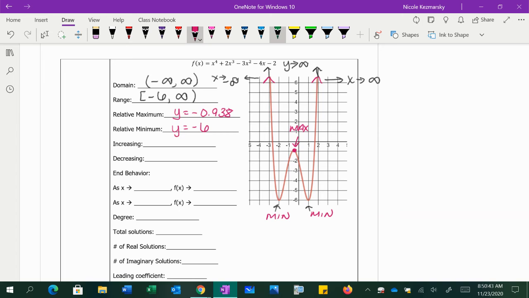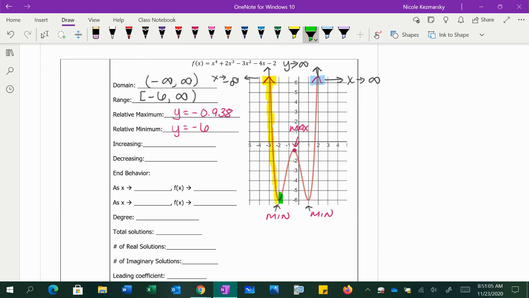Then we're going to talk increasing and decreasing. So we're going to go ahead and start highlighting the graph. I'm going to start the graph with a yellow highlight and a blue highlight on the arrows. The yellow highlight, as we highlight in, heads downhill. So we're decreasing. Then we hit a min.